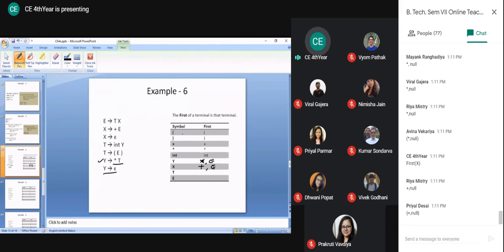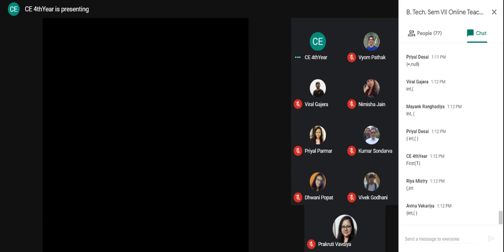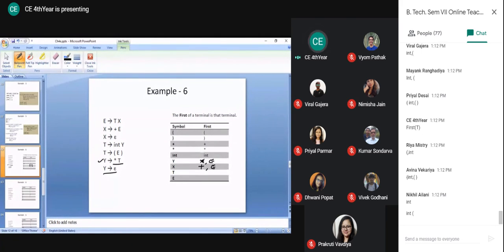Now it is interesting. First of t. Here keep in your mind that this int is a complete terminal.